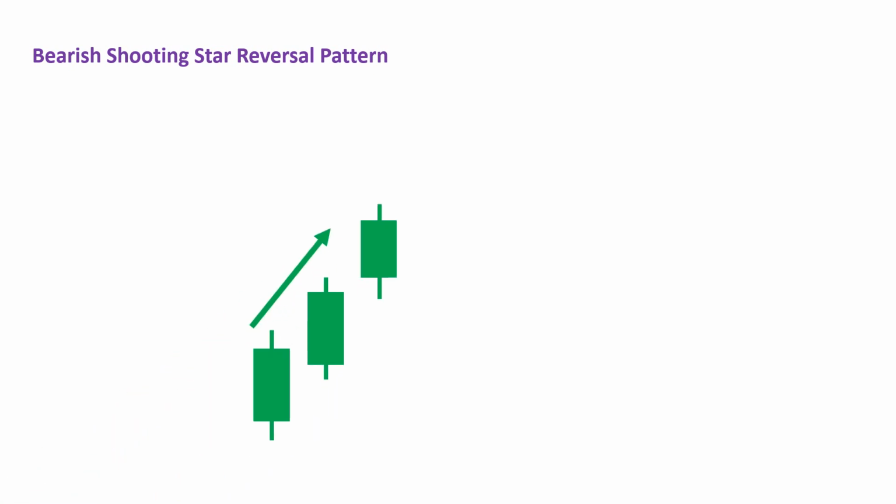Bearish shooting star reversal pattern. The bearish shooting star reversal pattern is formed after a price increase in an uptrend, and it is seen at the top of an uptrend.